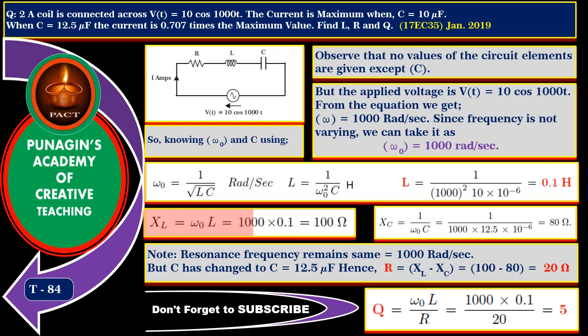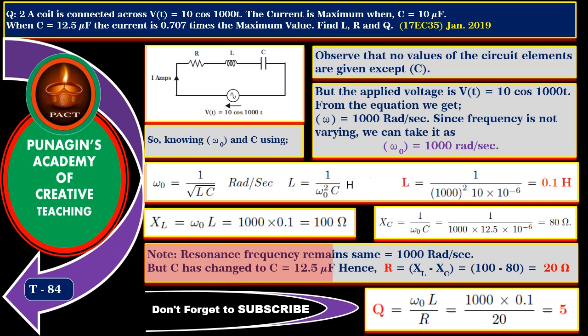Using XL is equal to omega naught L, we get XL is equal to 100 ohm. And XC is equal to 1 upon omega naught C. By substituting the values, we get XC is equal to 80 ohm.